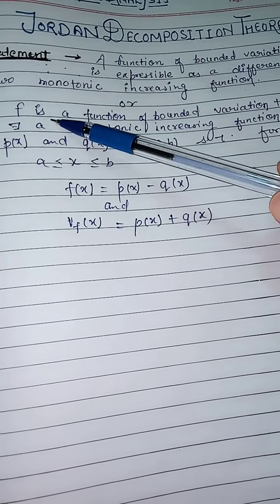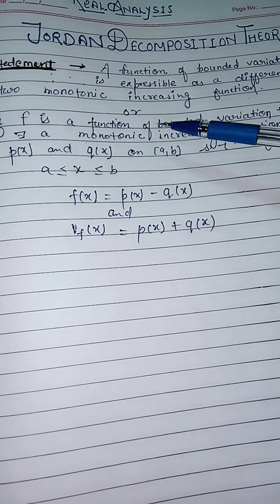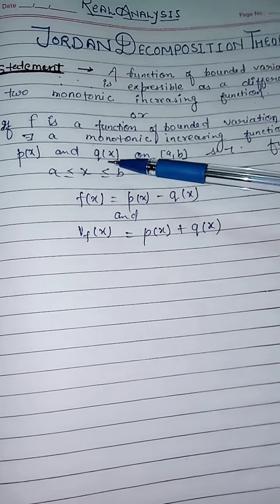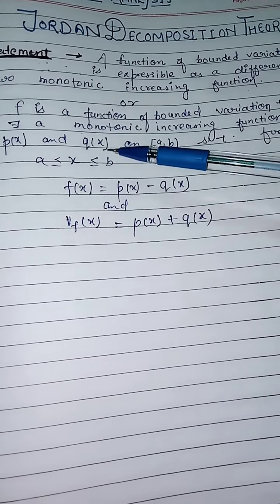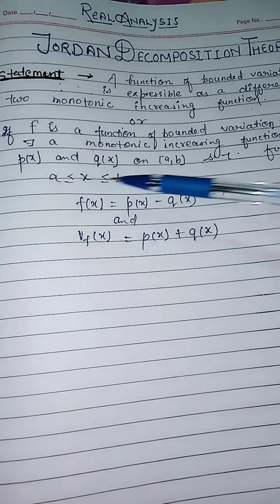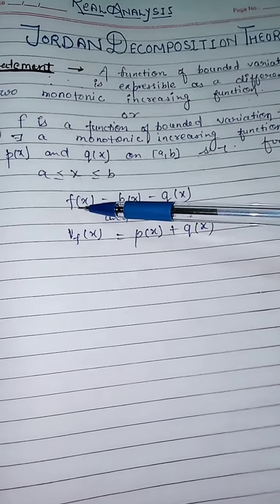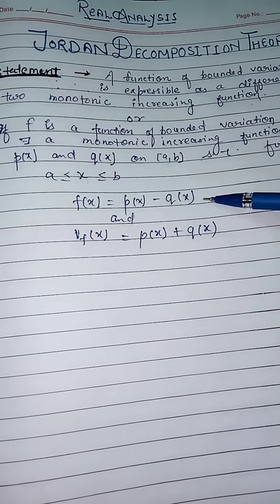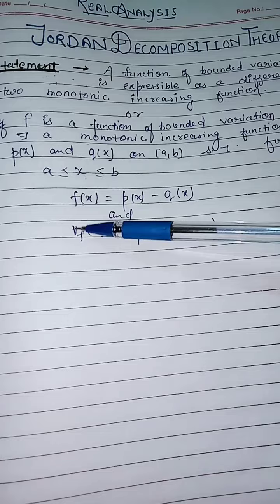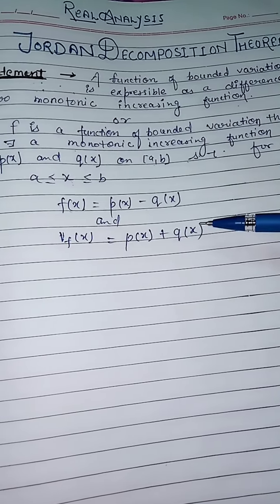Another statement of this theorem: if f is a function of bounded variation, then there exist monotonic increasing functions p(x) and q(x), I am taking just p(x) and q(x), you can take f(x) and g(x) as well, on the closed interval [a, b], such that for x in the interval [a, b], f(x) is equal to p(x) minus q(x), which are monotonic increasing functions as I told you, and the variation function v(x) is equal to p(x) plus q(x).